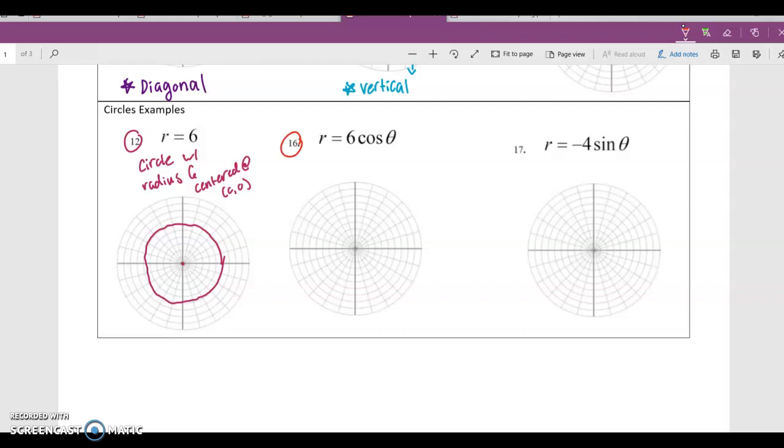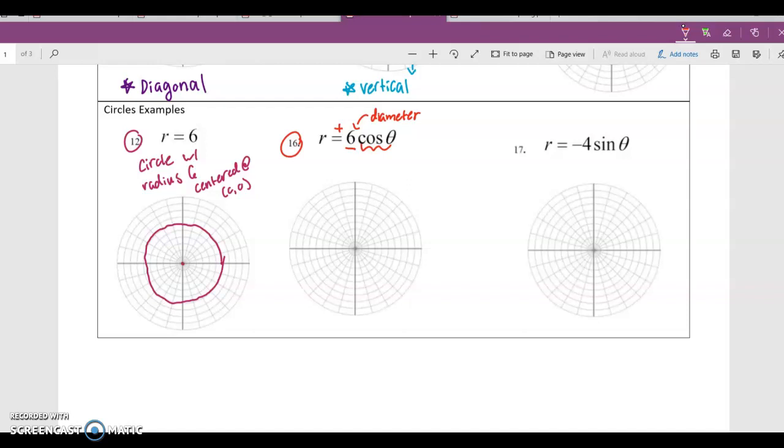R is equal to 6 cosine of theta. So first thing that we notice here is that 6 is a positive number. All right? 6 is our diameter. So since this is positive, we are going to be looking in the quadrants where your cosine is positive.